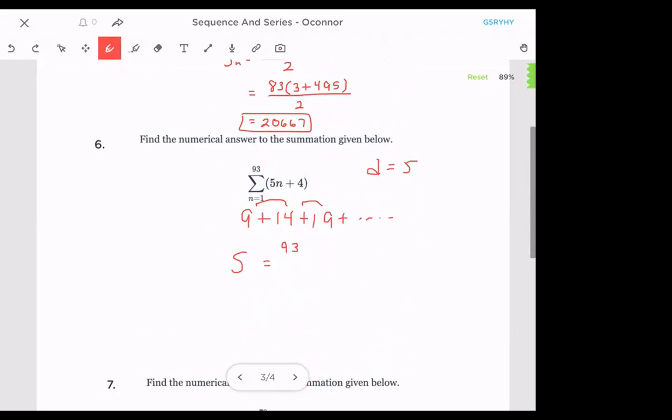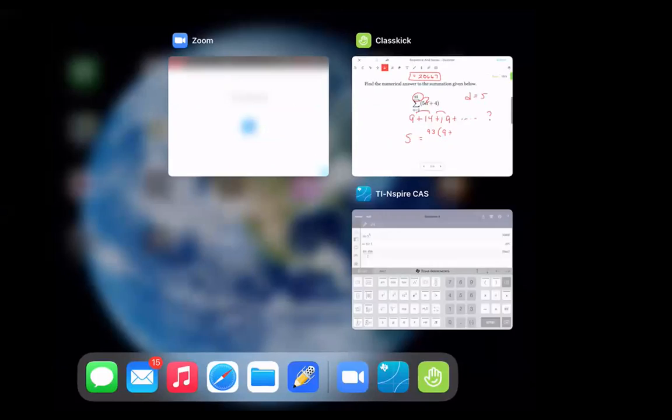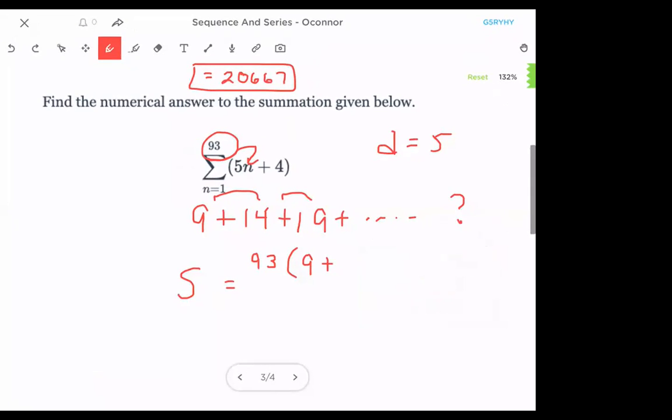So I have 93 times our first term, which was 9, plus our last term, which I didn't find yet because I needed to find that by plugging a 93 into there. So I'll do 5 times 93 plus 4, which is 469. And then don't forget to divide by 2.